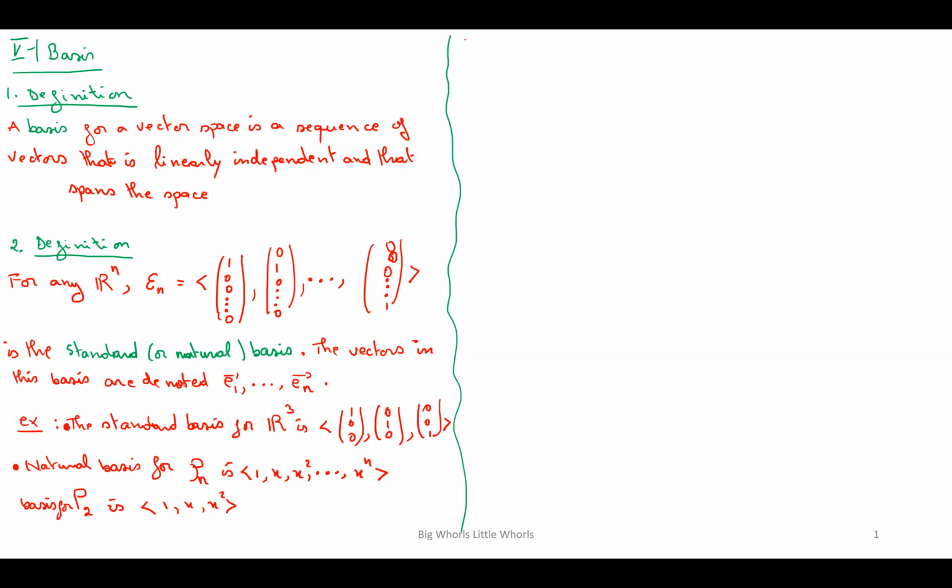Now let me give you another note here. The trivial space we have seen so far, the zero vector space, has only one basis, which is the empty set. If you remember, the linear combination of the empty set is the zero vector, or the span of the empty set is the zero vector.